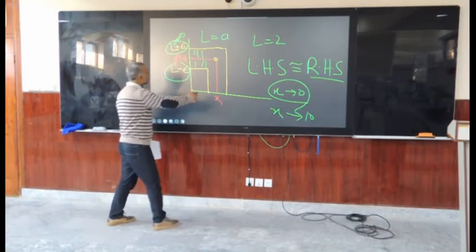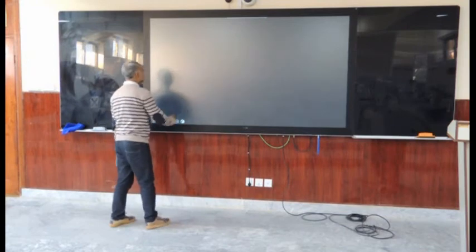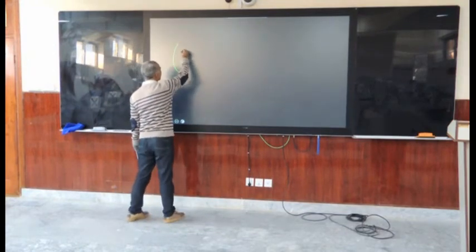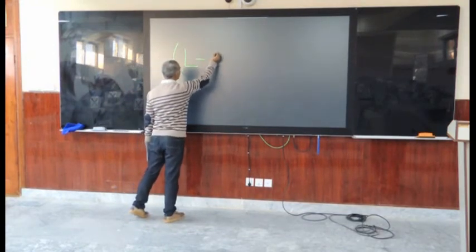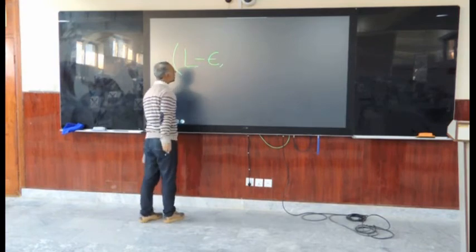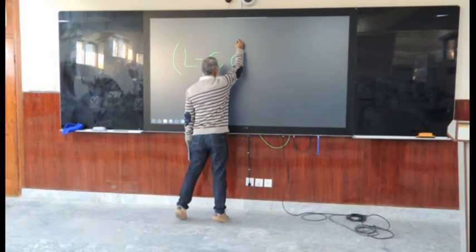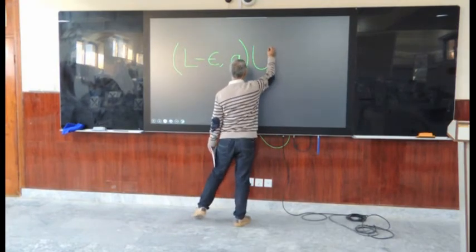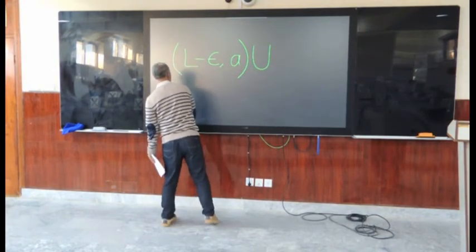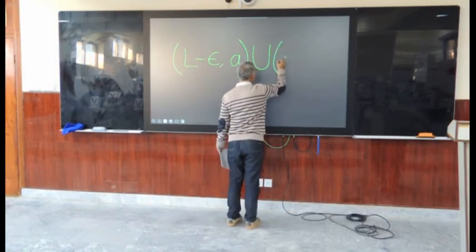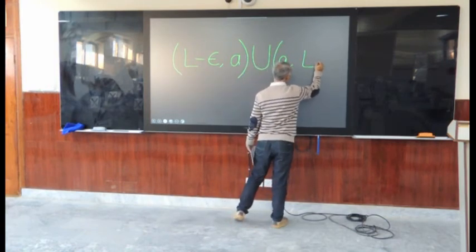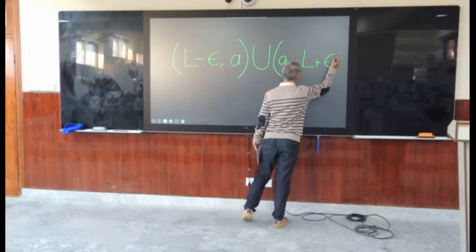So in this case, the open interval can be like this: L minus epsilon, with some constant value, for example A, union A, L plus epsilon.